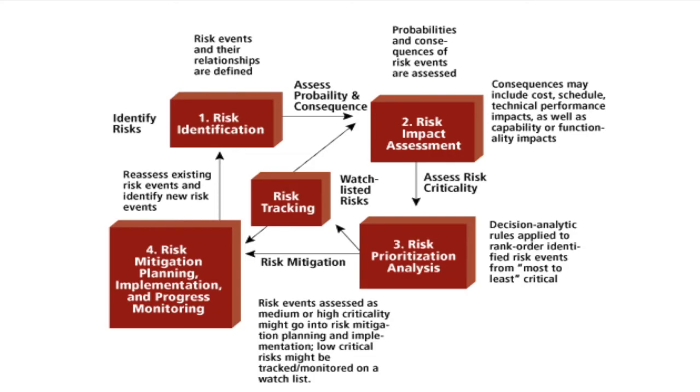Whether it is identification of risk, impact analysis, risk prioritization analysis, or risk mitigation planning, monitoring and implementation, everywhere you have to keep track of different kinds of risk, because it doesn't take long for a smaller or low priority risk to change, and after some point of time, if it is not handled at the right time, it will become a medium or high priority risk, or a medium priority risk will become a high priority risk.